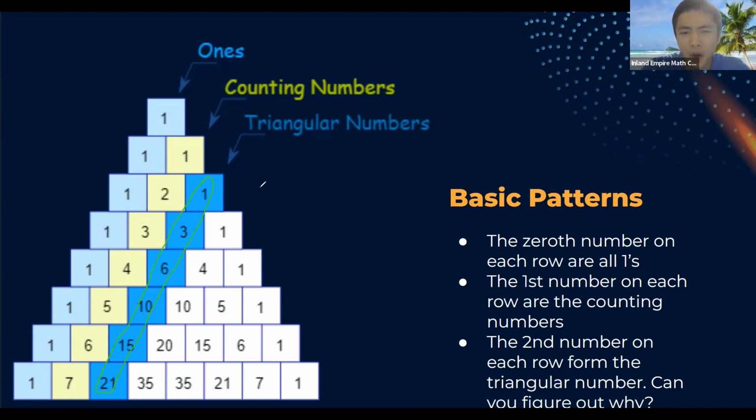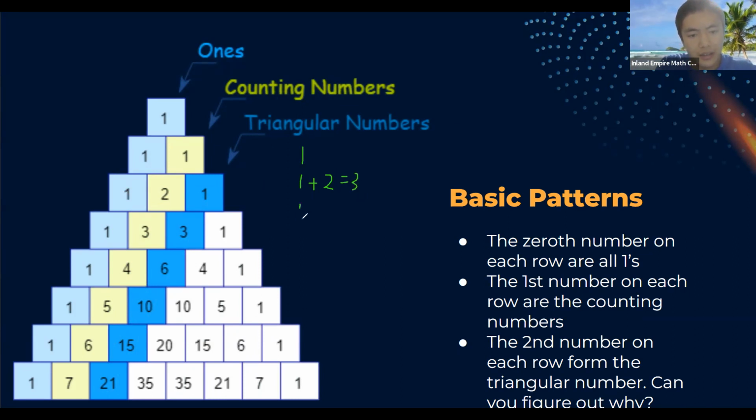If you don't really know what triangular numbers are, it's basically the sequence you get by adding consecutive integers. So the first triangular number is 1, right? The second triangular number is 1 plus 2 equals 3.